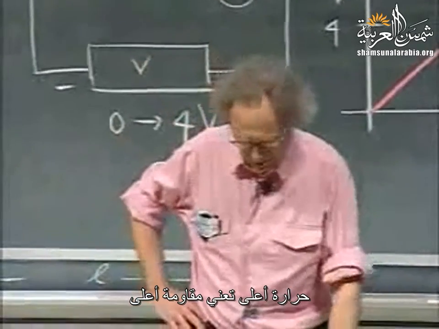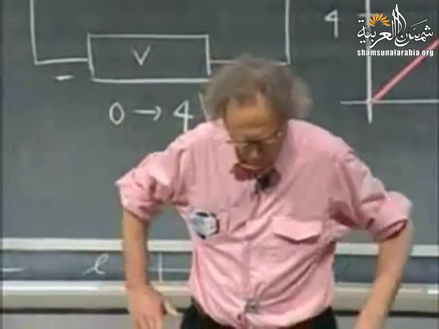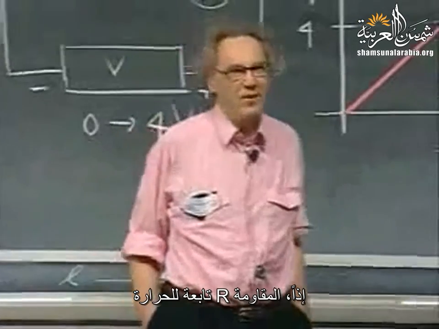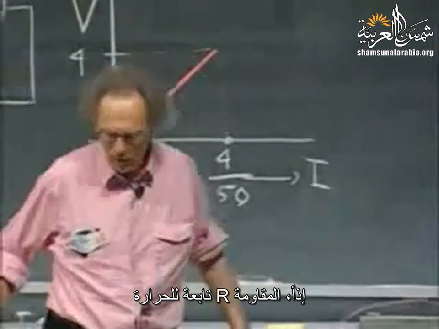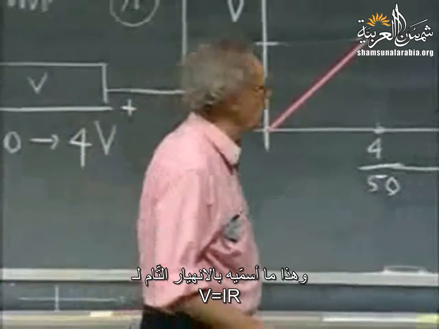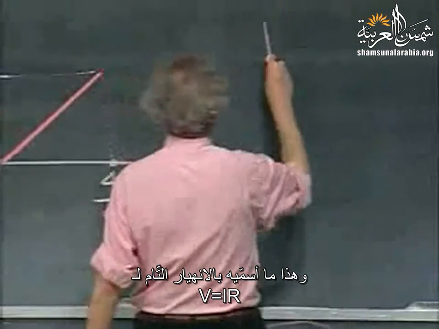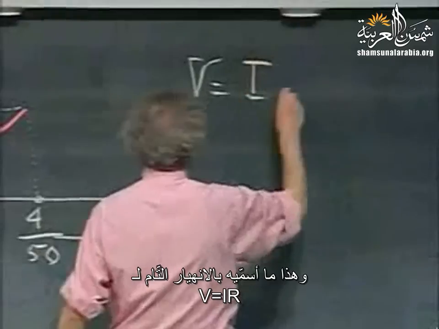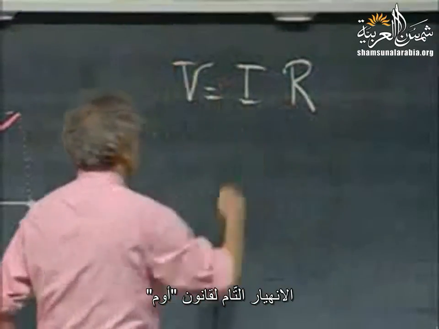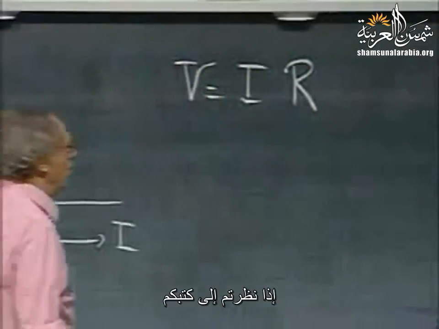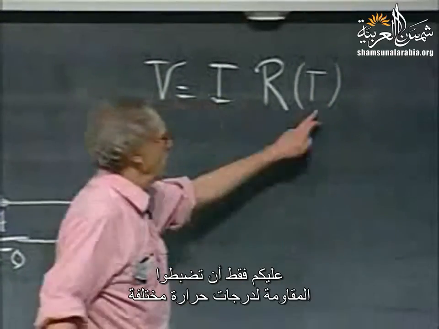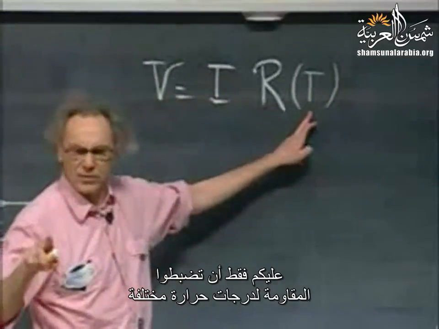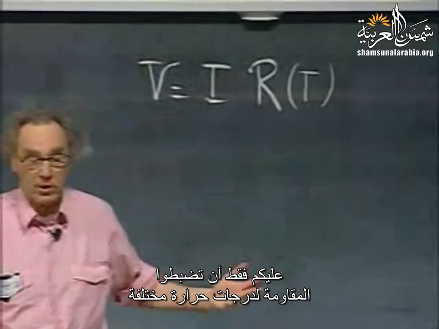Higher temperature, higher resistance. So the moment that the resistance R becomes a function of the temperature, I call that a total breakdown of V equals IR, a total breakdown of Ohm's law. If you look in your book, they say, oh, no, that's not a breakdown. You just have to adjust the resistance for a different temperature.